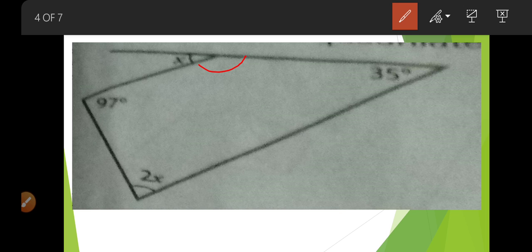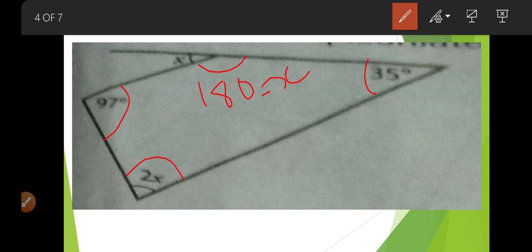So we have to represent this angle by 180 minus x. 180 minus x. And we have this angle to be 97 degrees. We have this to be 2x, and we have this to be 35 degrees.